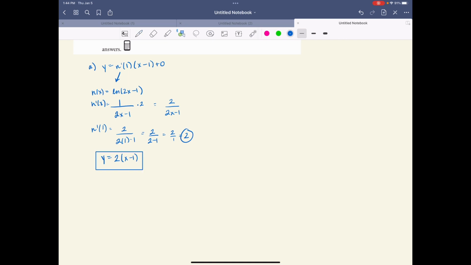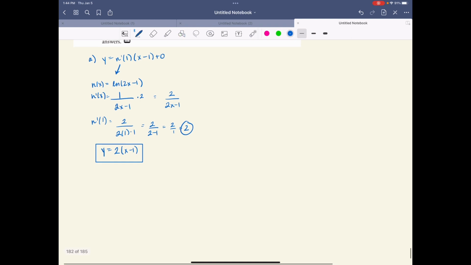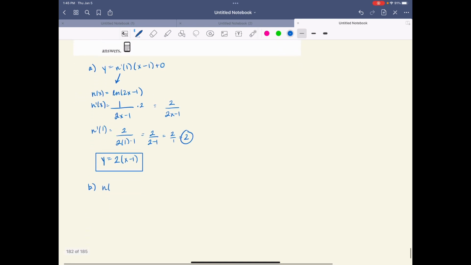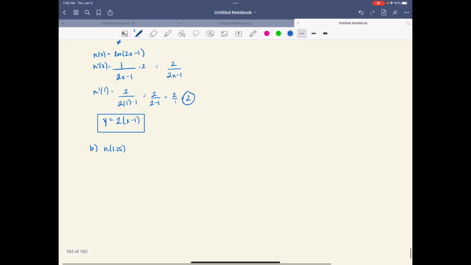I'm not going to put plus 0 because I don't need to. So now I'm going to use that tangent line to find the approximation. What I want to find is the value of n at 1.25 using this tangent line. So I'm going to say this is approximately 2 times 1.25 minus 1.